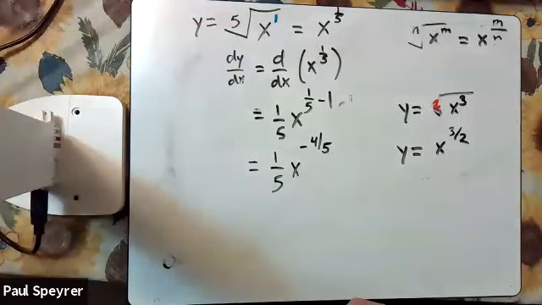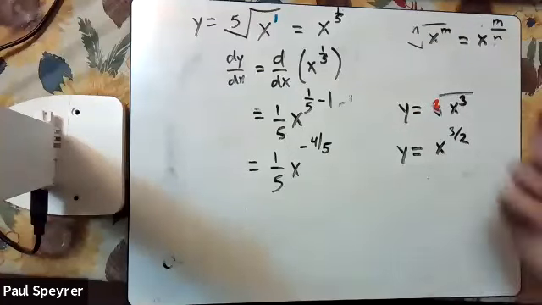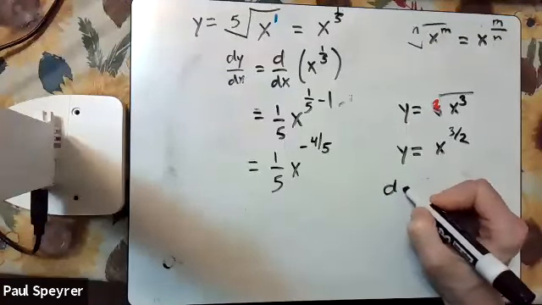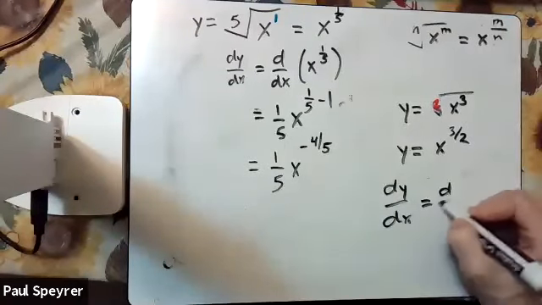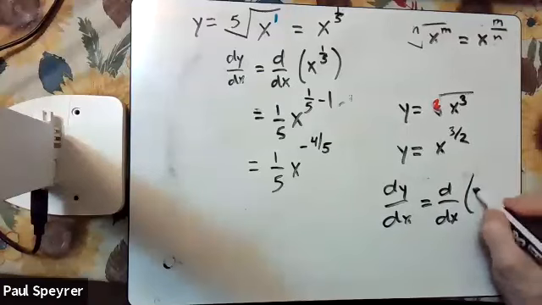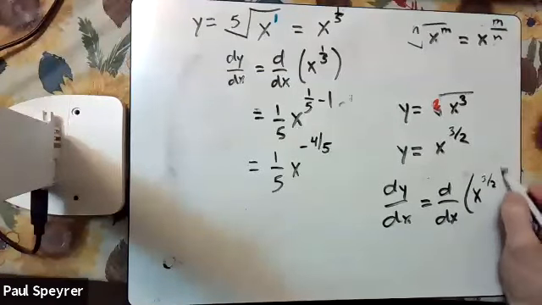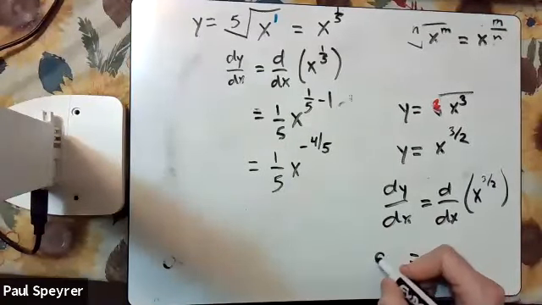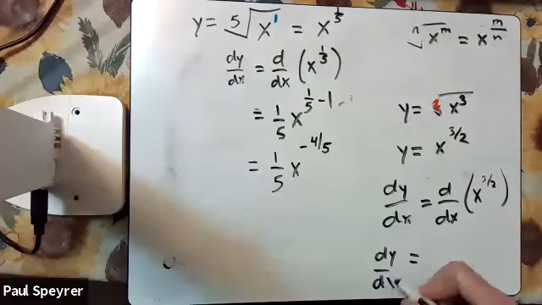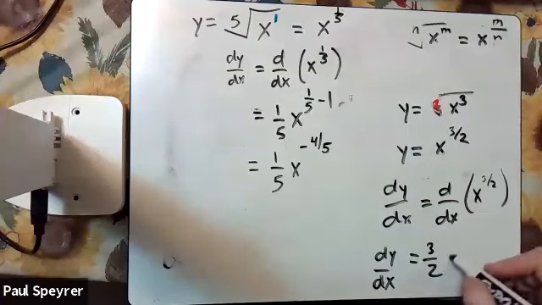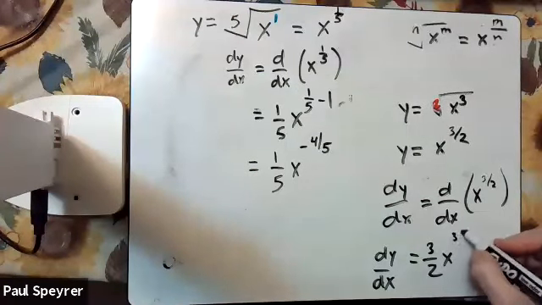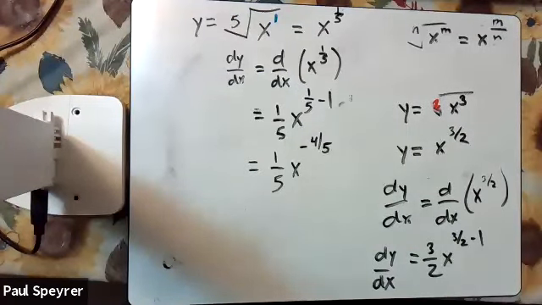Now we get to apply the power rule, right? d dx of both sides. So what do we have? dy dx equals, well, bring that exponent down, 3 halves, x to the 3 halves minus 1.